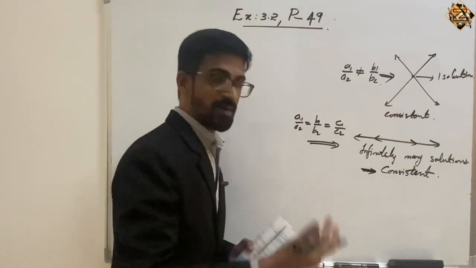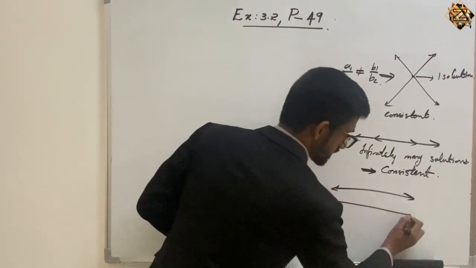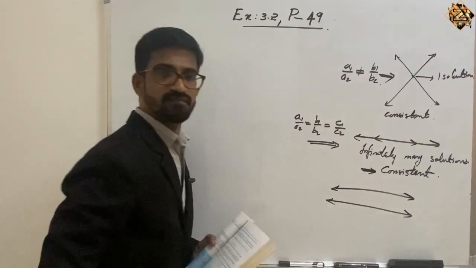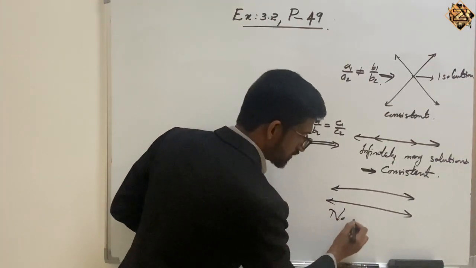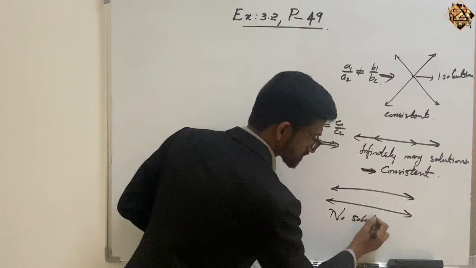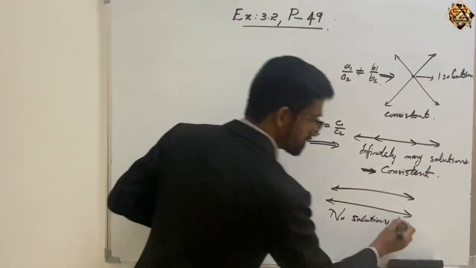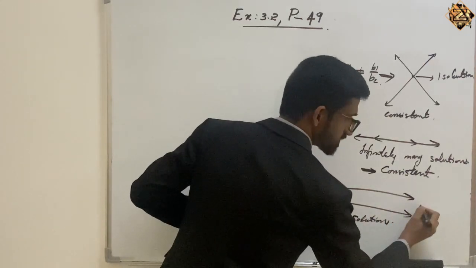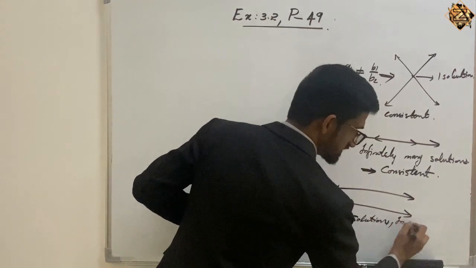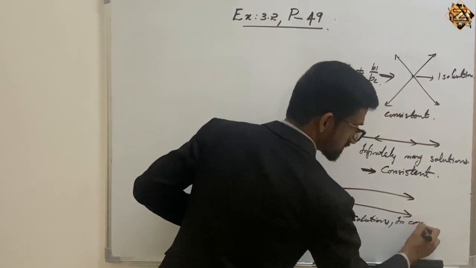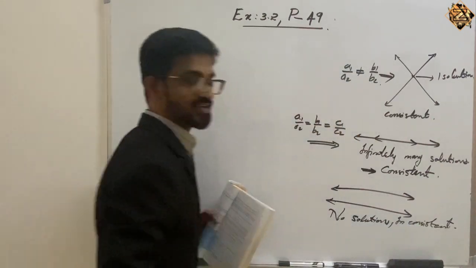Now, what if the lines are parallel? If the lines are parallel, then there will be no solutions, isn't it? Therefore, it is inconsistent. The lines are inconsistent. Hope it is clear.